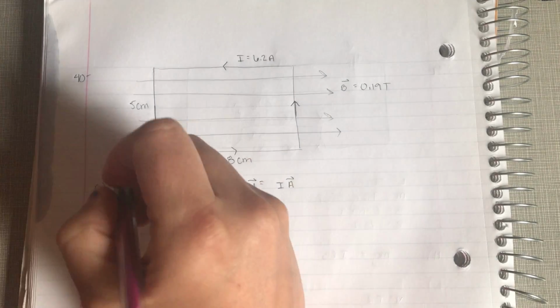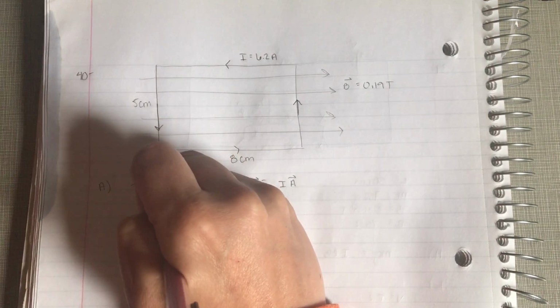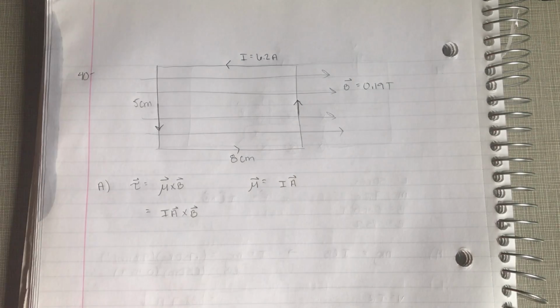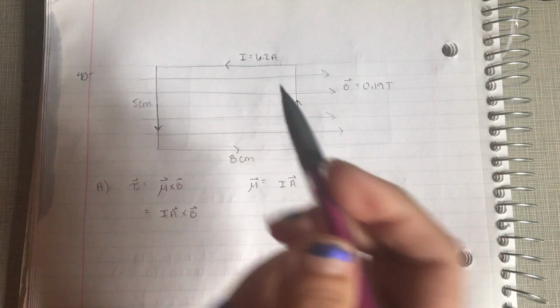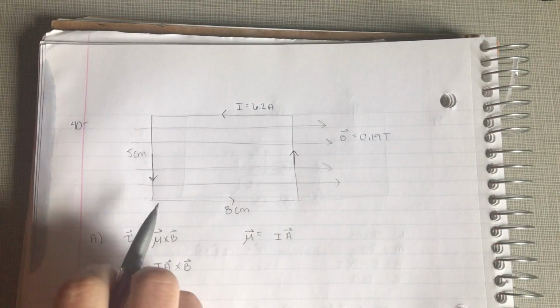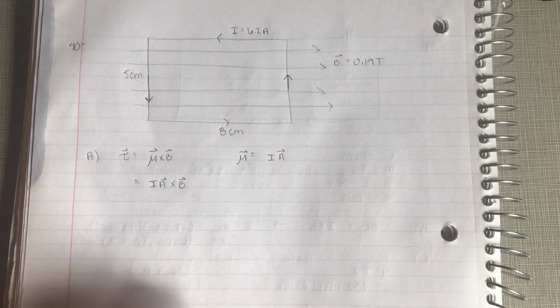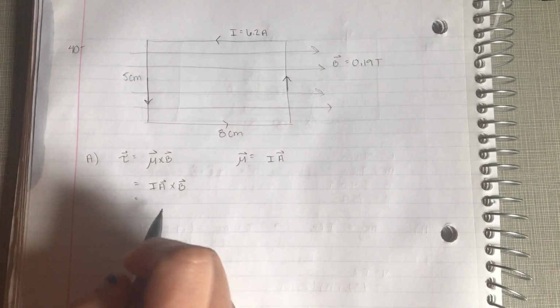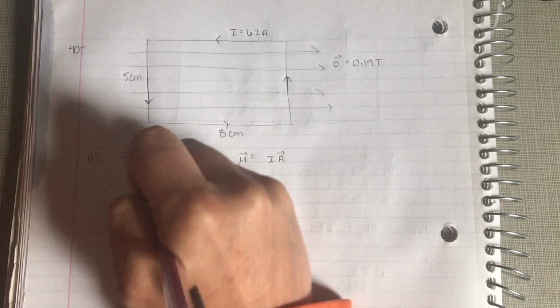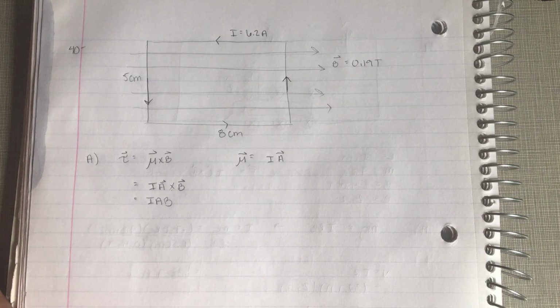So our torque we can write as IA cross B. In this case, our A is coming out normal to the surface, and our B is going that way, so those two things are perpendicular. And when two things are perpendicular, their cross product just simplifies to multiplication. So IAB.